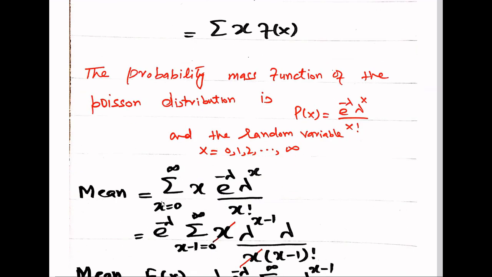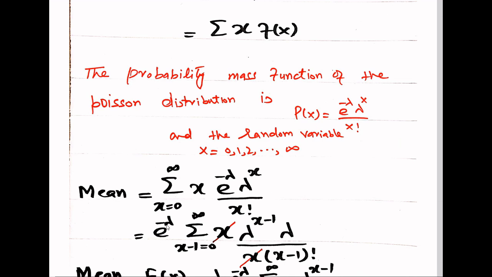So the mean is equal to the sum of x ranging from 0 to infinity of x, and put the value in the position of f of x: e power minus lambda, lambda power x over x factorial. This term e power minus lambda has no involvement of the random variable, so take it outside the summation sign.